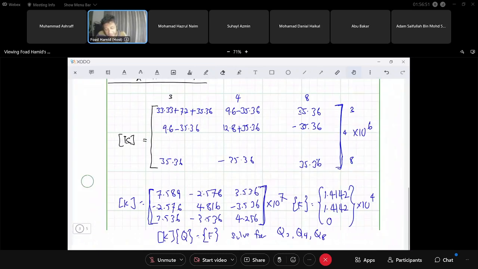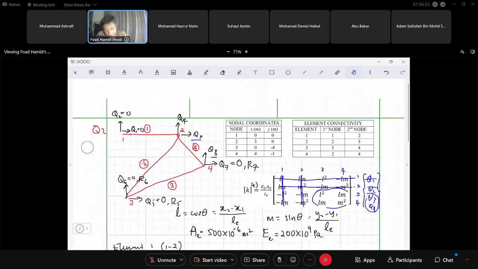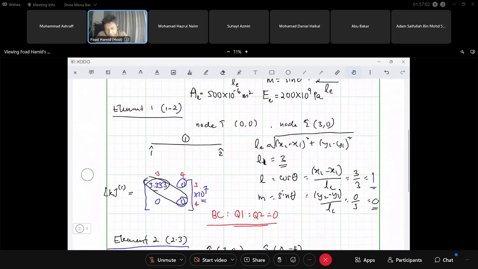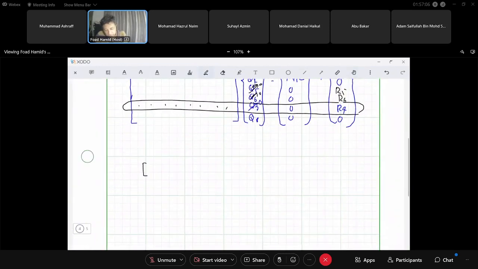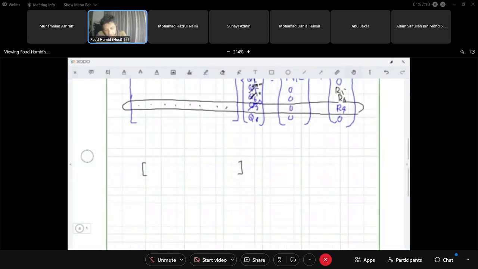Look at R7. R7 only involves these two elements, element 3 and element 4. So what we can do here is use this, and we know that this only involves element 3 and element 4.